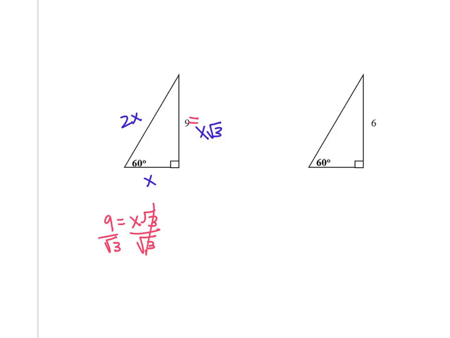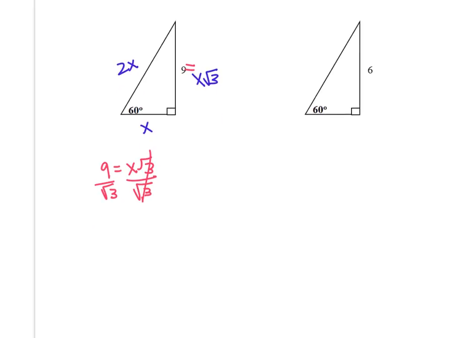And now we have to talk about this answer. So occasionally this will happen where we have x is equal to 9 over the square root of 3. Now the problem with this is that we cannot have this radical down here in the denominator. So we talked about this in an earlier lesson. We have to do that thing where we rationalize the denominator. So we're going to multiply the top and the bottom by the square root of 3.